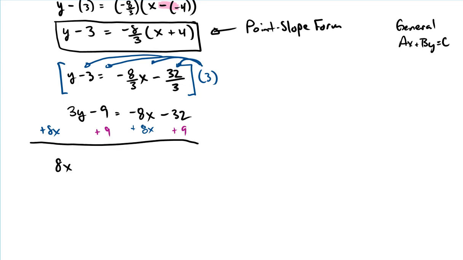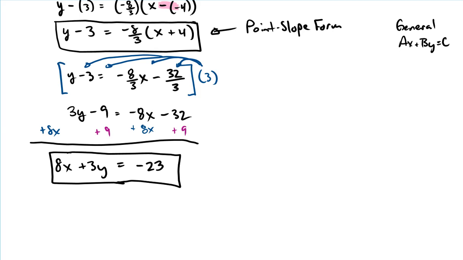So we've got 8x plus 3y equals, okay, so the 9 zeroed out. Negative 32 plus 9 is negative 23. And there we go. That's it. That's what they wanted. So that's our general form answer to this equation.